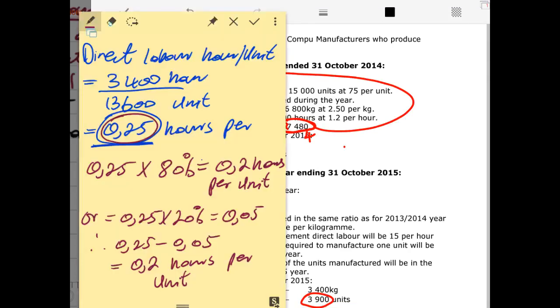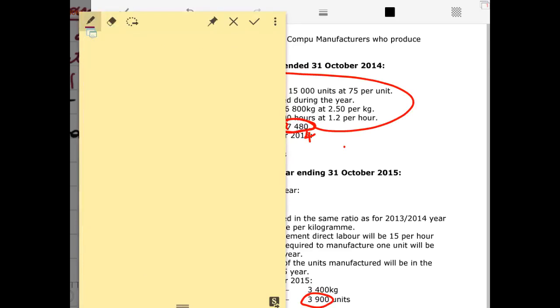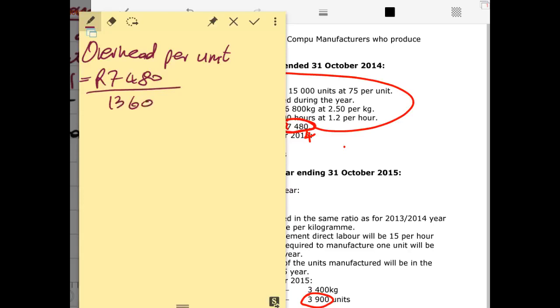In calculating our overhead per unit, our overhead per unit will be the total overheads, 7,480, divided by the number of units that were manufactured, 13,600.